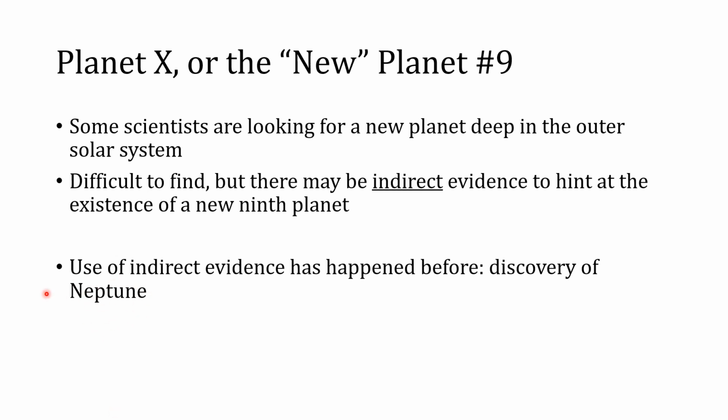So this has happened before, that they've used indirect evidence of how one object moves to deduce the existence of another. So it is possible that there's a ninth planet hiding out there. I don't know. We probably won't know for a few decades, a couple of decades at least. But it's something to keep your eyes peeled for on any space news that you'd like to follow.